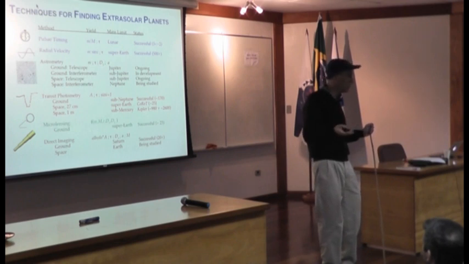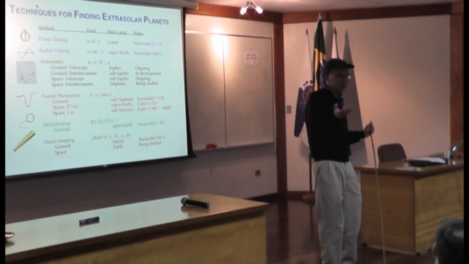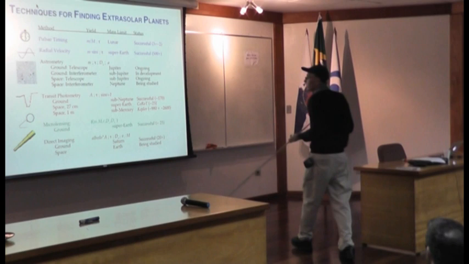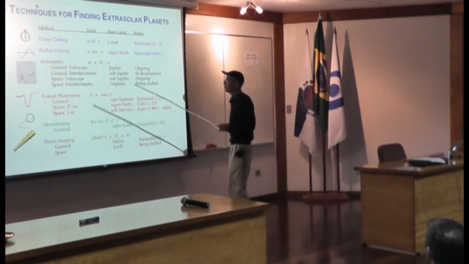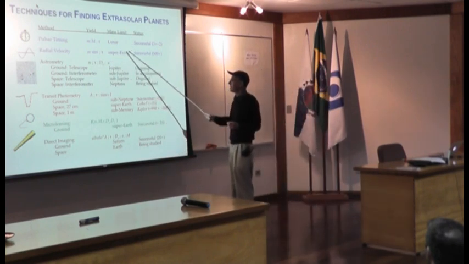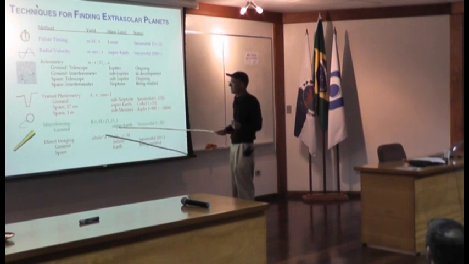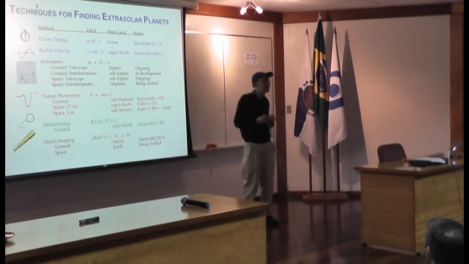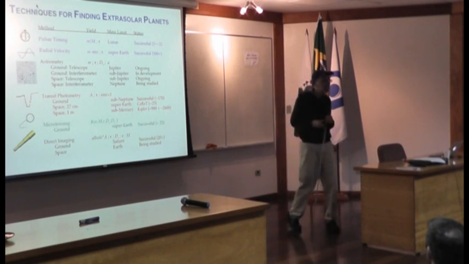That's why you need a lot of observing stations. That reveals these planets, and it tends to reveal smaller planets farther from stars. So although the two most successful methods by far are radial velocity and transit photometry, they're great at planets near their stars.